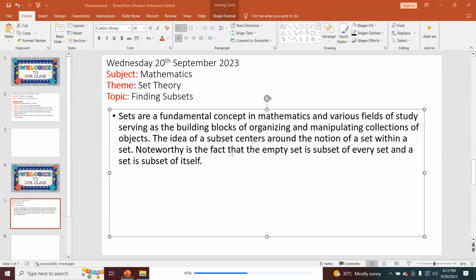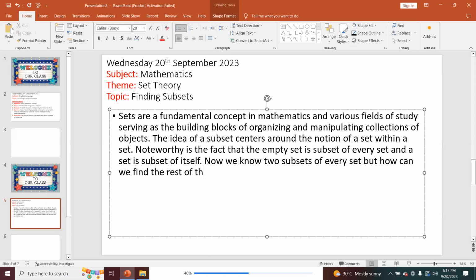So now we know two subsets of every set. But how can we find the rest of the subsets of a set?